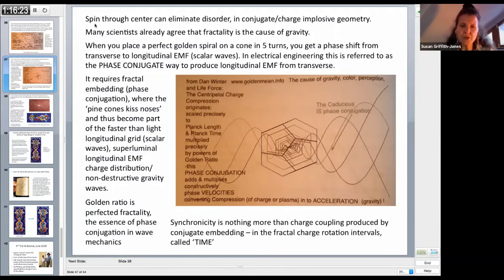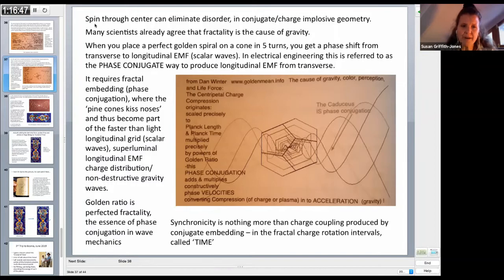Many scientists already agree that fractality is the cause of gravity. So when you place a perfect golden spiral on a cone in 5 turns, you get a phase shift from transverse to longitudinal EMF, in other words, scalar waves. In electrical engineering, this is referred to as the phase conjugate way to produce longitudinal EMF from transverse.